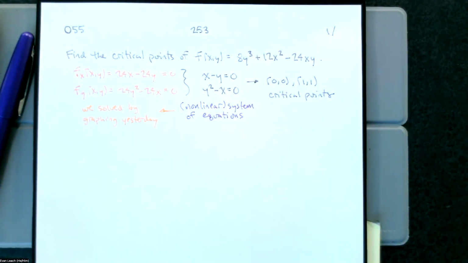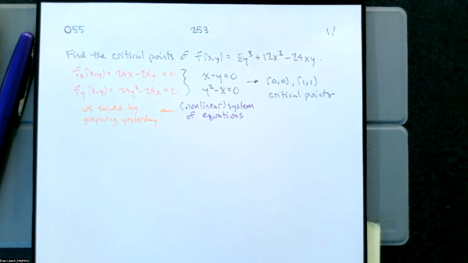The reason I picked solving by graphing is I looked at the two equations. One of them is y equals x. The other one is x equals y squared. So I've got a line and a parabola. I'm just going to draw a picture because I don't even have anything fancy going on.